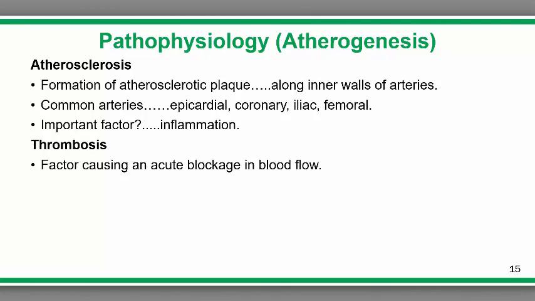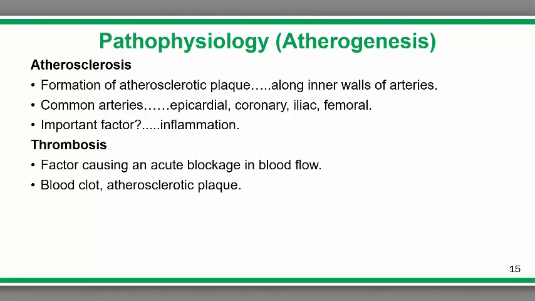A thrombosis is specifically a factor that will cause an acute blockage in blood flow. This obstruction could come from a blood clot, or an excessive blood clot that breaks loose and gets wedged into a relatively smaller blood vessel, as well as atherosclerotic plaque.